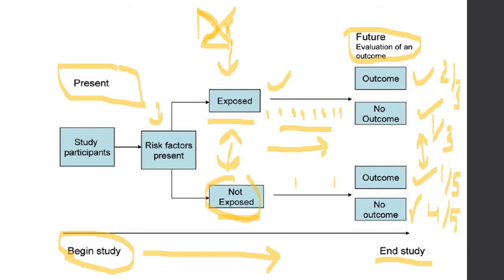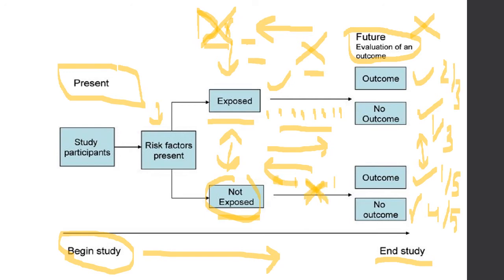If you remember what we have done in case control instead, in case control study we started from this point of diseased and not diseased compared to exposed and non-exposed, and then we were going back in time and asking the diseased people how many of them were exposed and how many of them were not exposed, and we did the same with those who are not diseased.